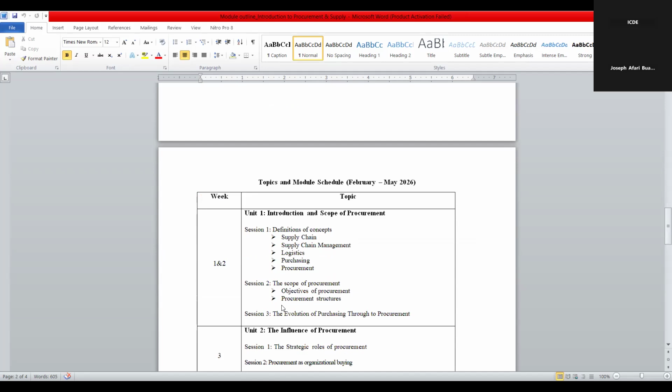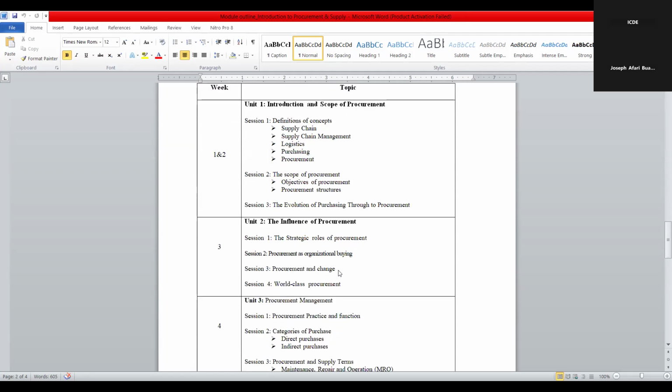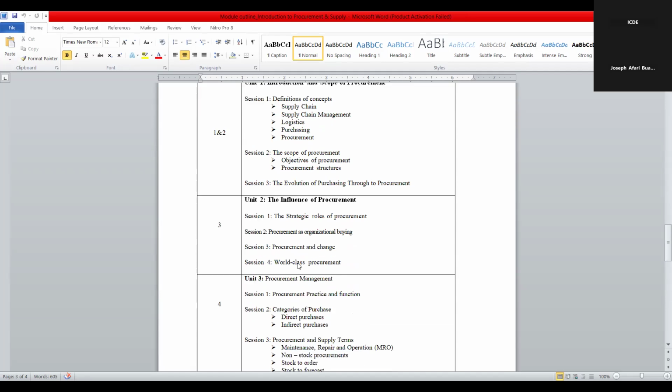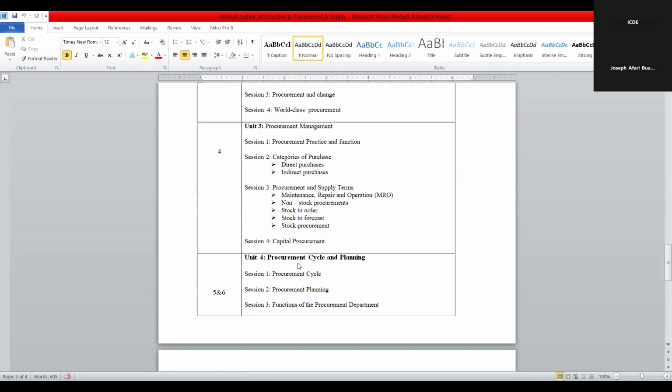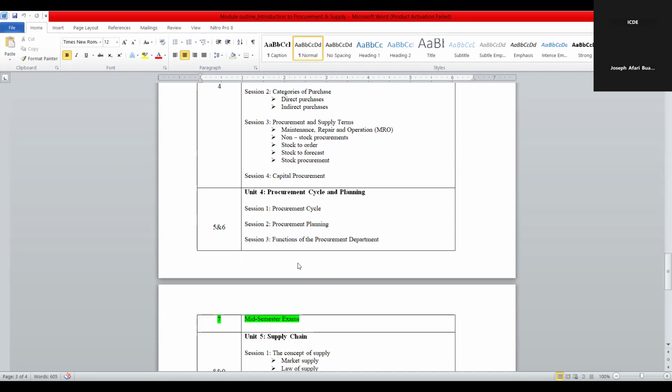For weeks 1 and 2, we'll focus on the introduction and scope of procurement, which has 3 major sessions. Then in week 3, we do the influence of procurement, and in week 4, procurement management. Then we will consider procurement cycle and planning in weeks 5 and 6. Hopefully in the 7th week, we will take our mid-semester exams.